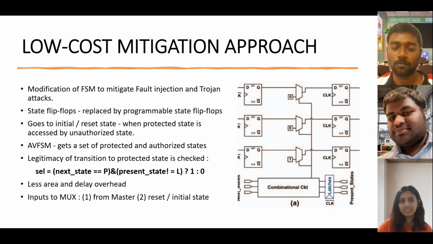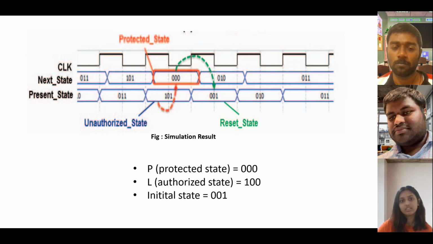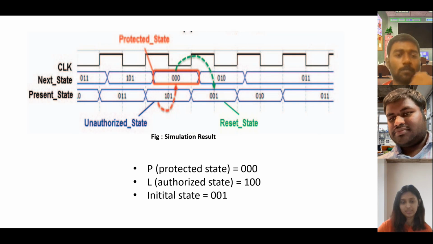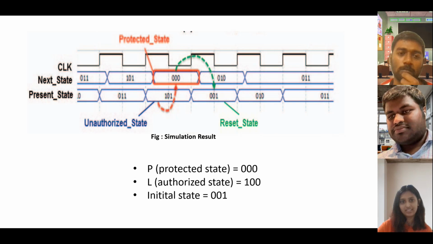Depending on the select line, the multiplexer either chooses the next state value or the reset value and gives it to the present state. It can be seen in the simulation result that whenever the attacker tries to access the protected state 000 from an unauthorized state, which is 101, the present state will be the value of the reset state 001.